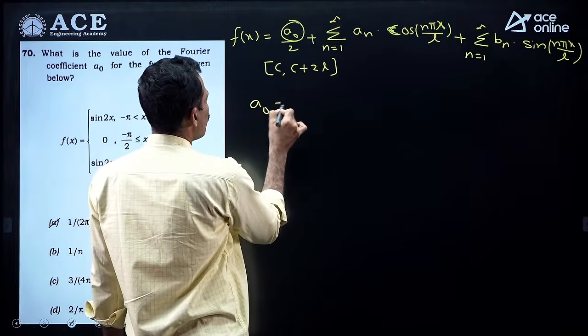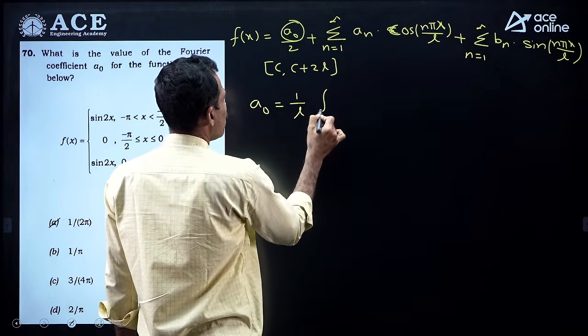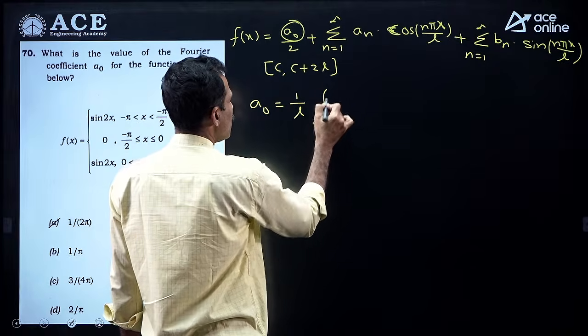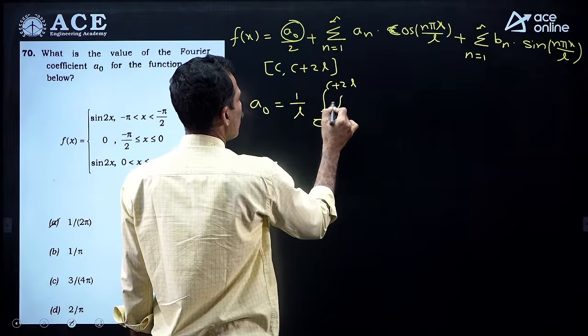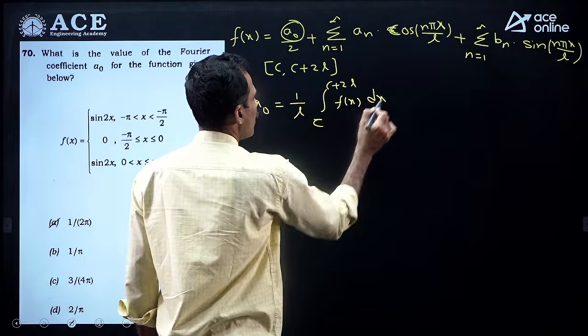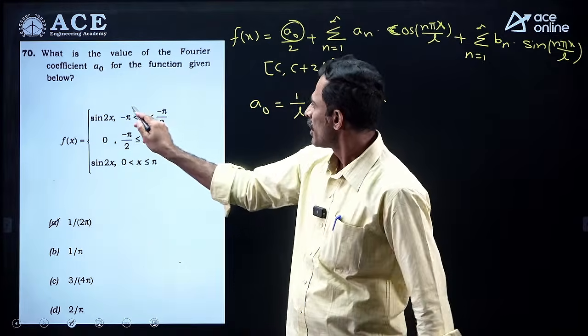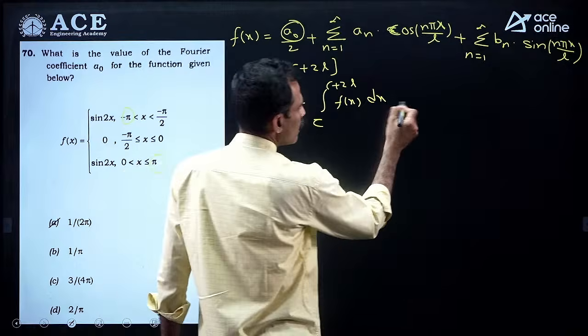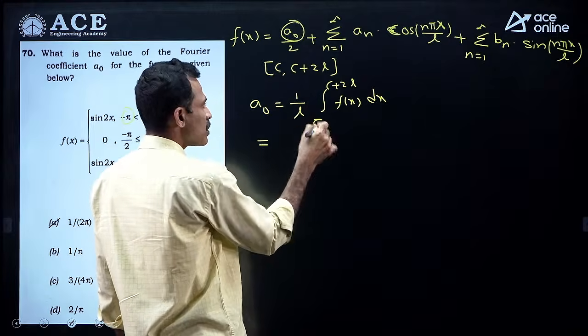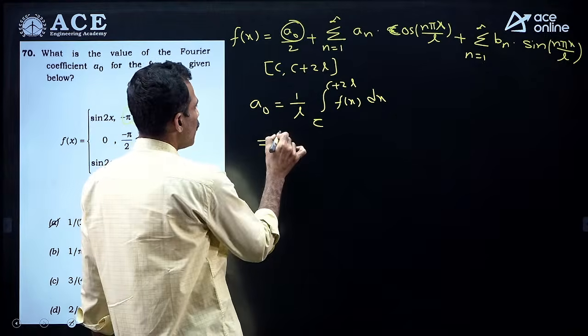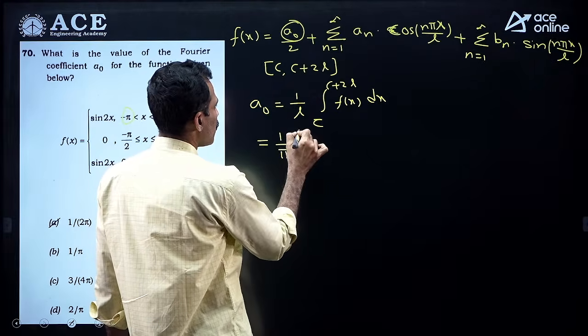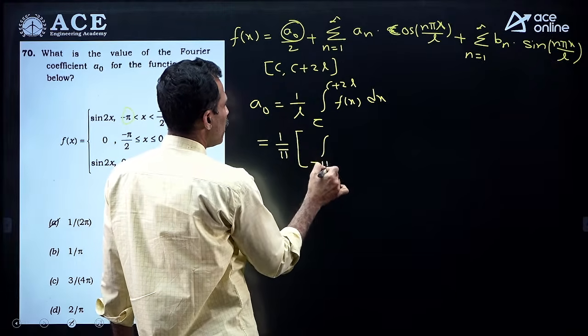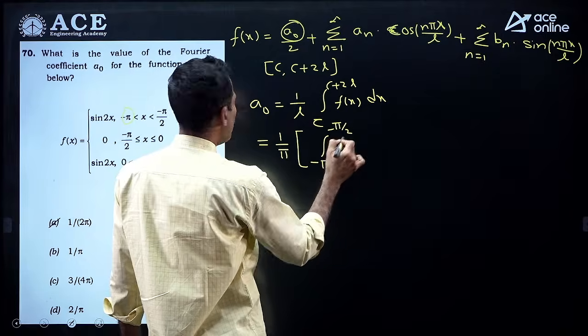Here a naught is given by 1 by L integral from c to c plus 2L of f(x) dx. But here the main interval is minus pi to plus pi, so we can divide this into 3 parts. Based on that interval, we can choose the function: 1 by pi integral from minus pi to minus pi by 2.